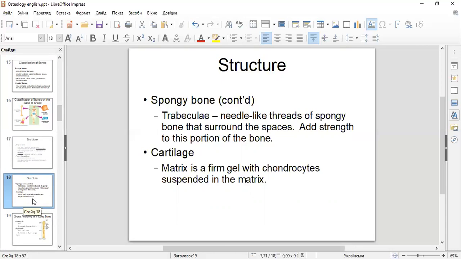Cartilage. Matrix is a firm gel with chondrocytes suspended in the matrix.